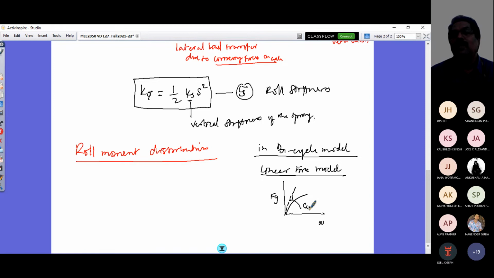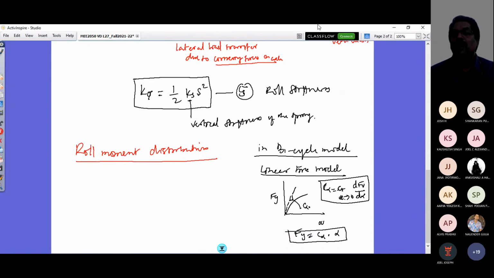So the C alpha of a tire is considered constant, and you define C alpha as the limit as alpha tends to 0 of dFy by d alpha. That is how you have defined C alpha, and your Fy is simply given by this constant C alpha times alpha.